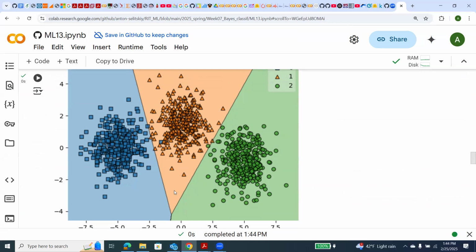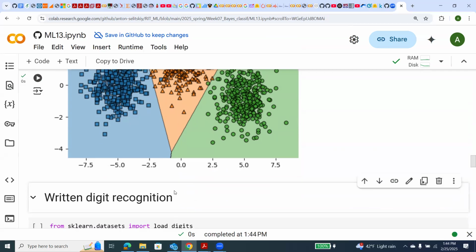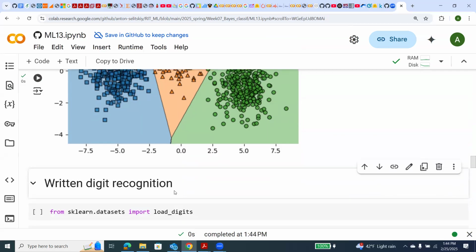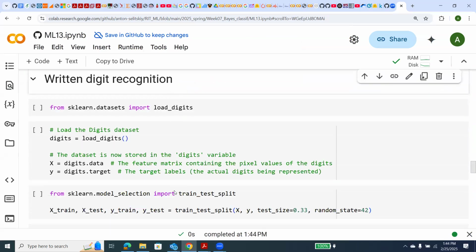And it makes sense because in logistic regression, actually, we maximize the joint probability. In case of one versus rest, we just build 3 independent decision boundaries and then make the decision.